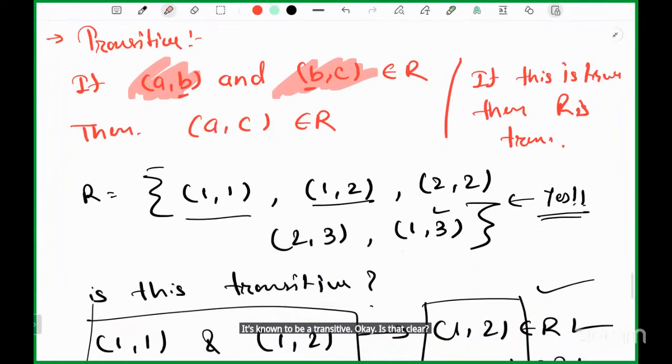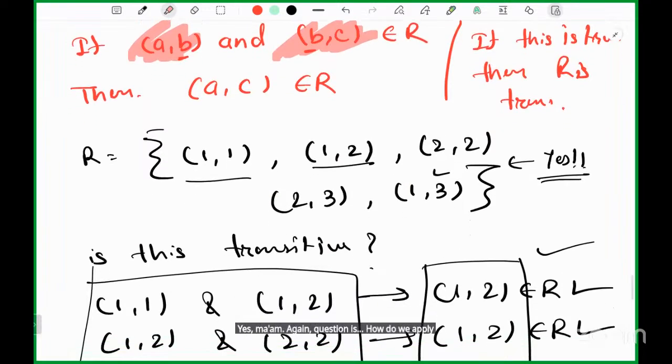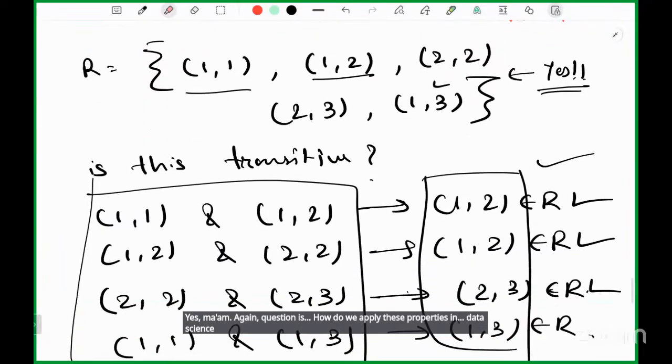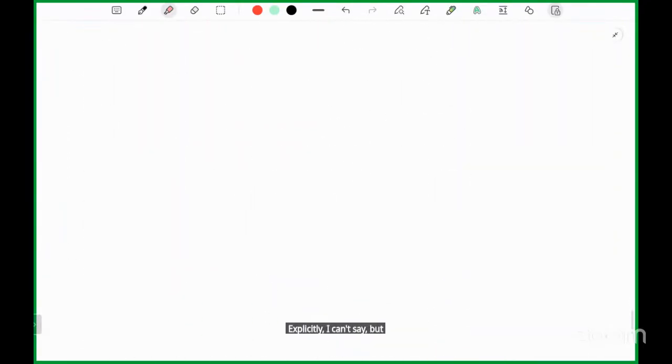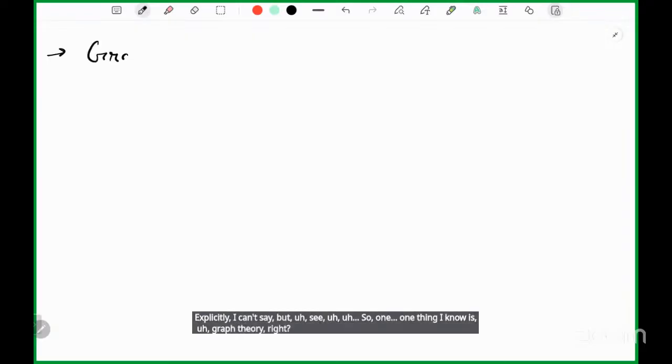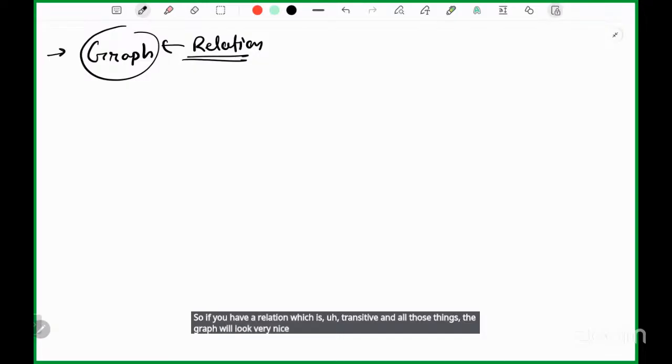Yes, ma'am. Again, the question is how do we apply these properties in data science? Explicitly I can't say, but one thing I know is graph theory. In graph theory, we handle so many things by relations. If you have a relation which is transitive and so on, the graph will look very nice, so you have reachability type of things.